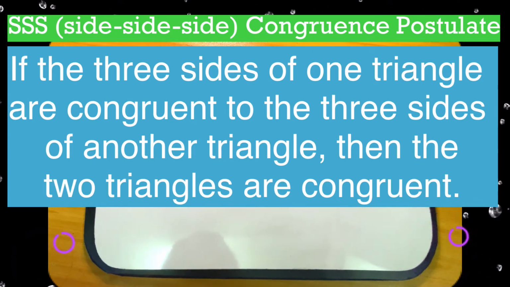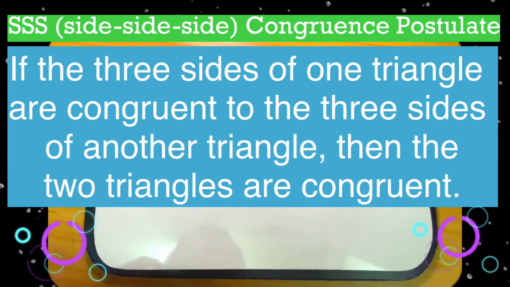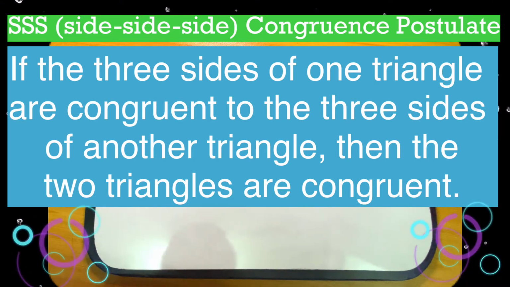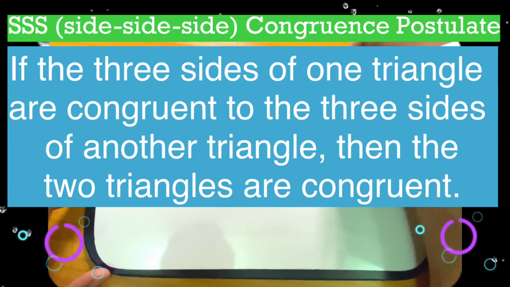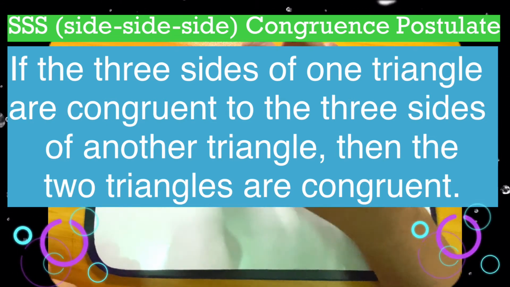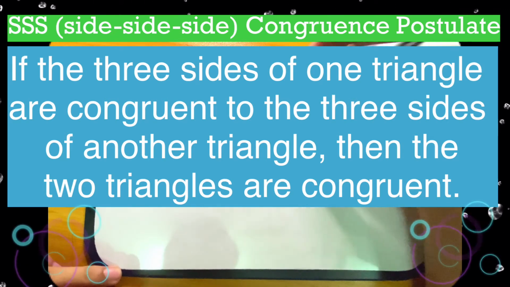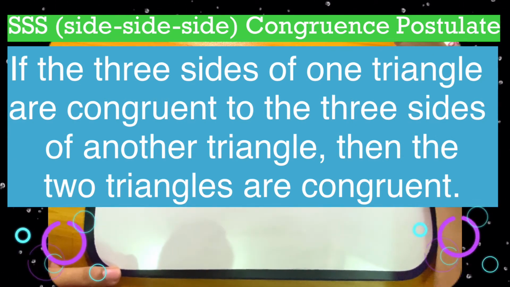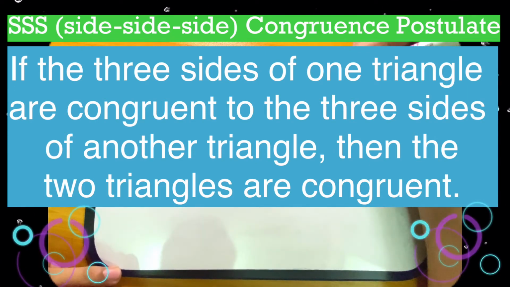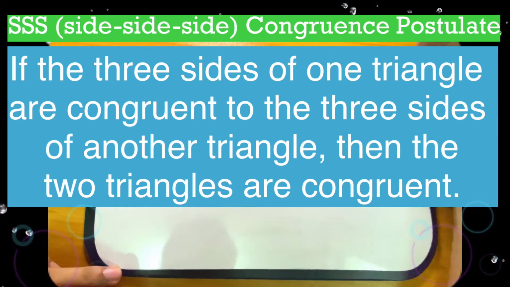Based on the figures, we just have the markings on the sides. The first pair is side BC is congruent to side DE. Next, side BA or AB is congruent to side EF.